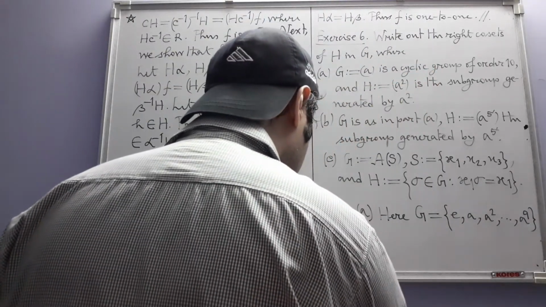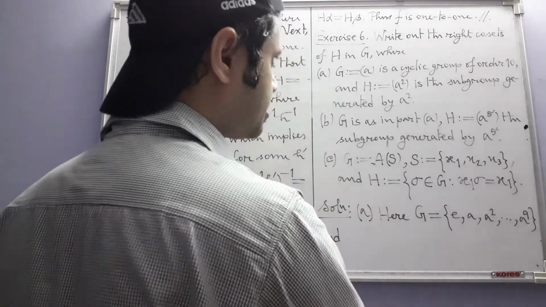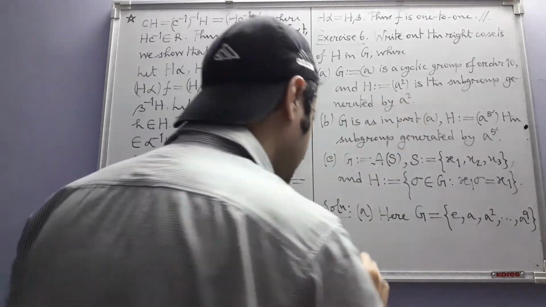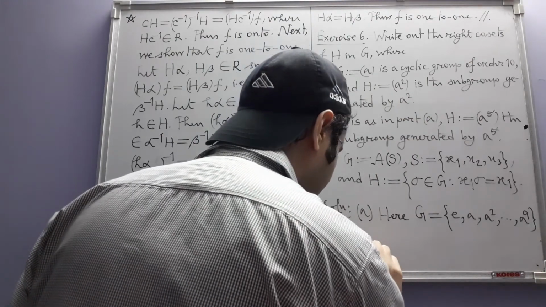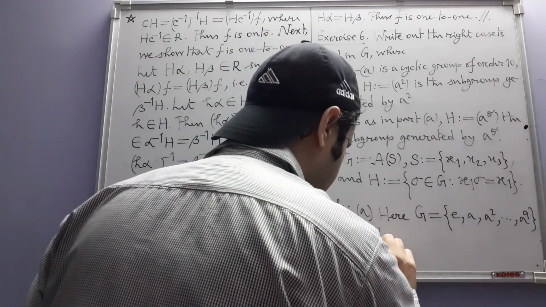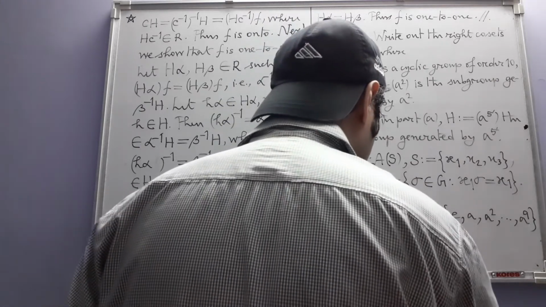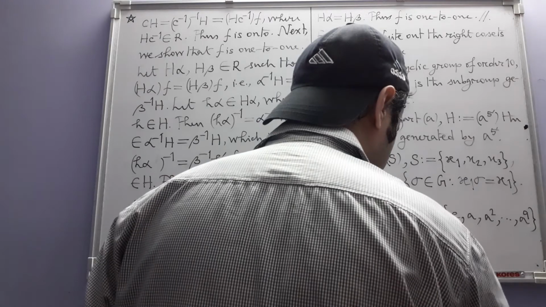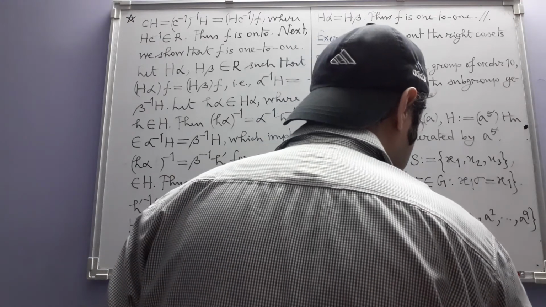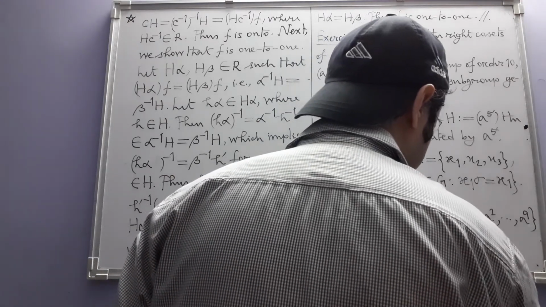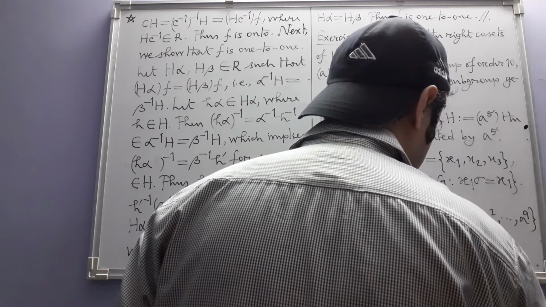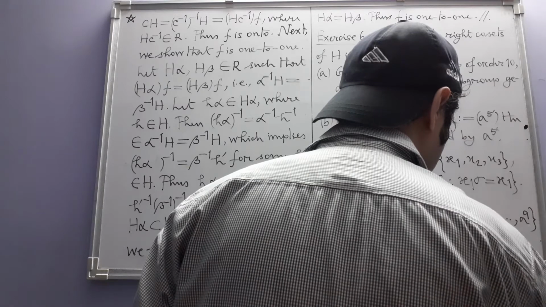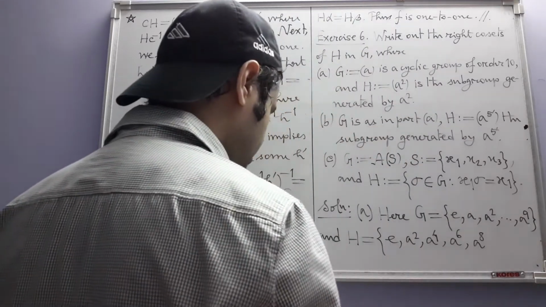And if in this group we consider the cyclic subgroup generated by A square, then we will have these things, all the integral powers of A square. So we start with e, then A square, A to the power 4, A to the power 8.